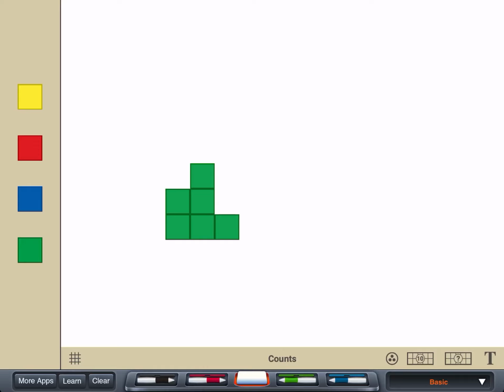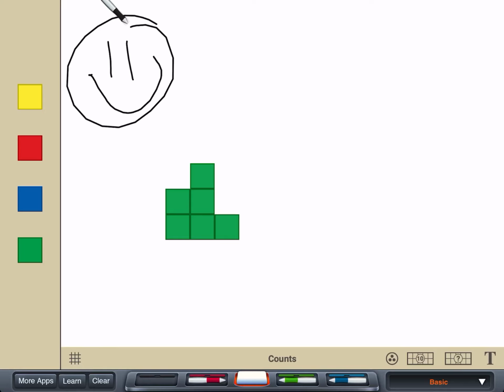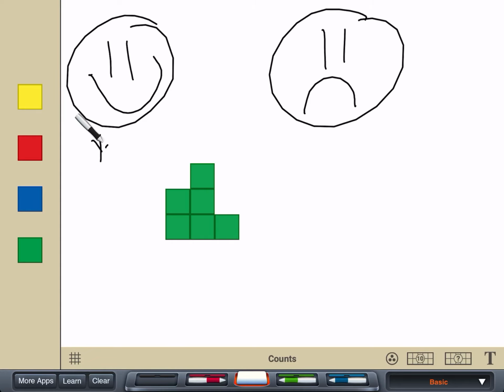If it helps, I'm going to put a smiley face up at the top for yes, and a sad face for no. Is this a perfect square? Okay, if you said no, that is not a perfect square, you are correct.